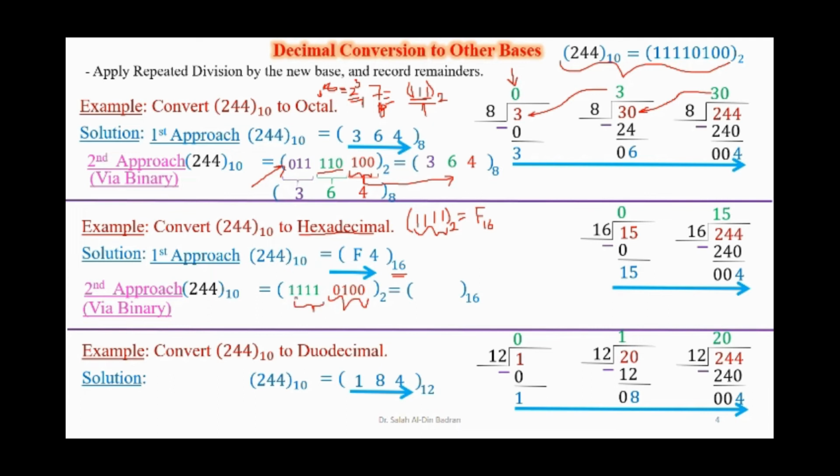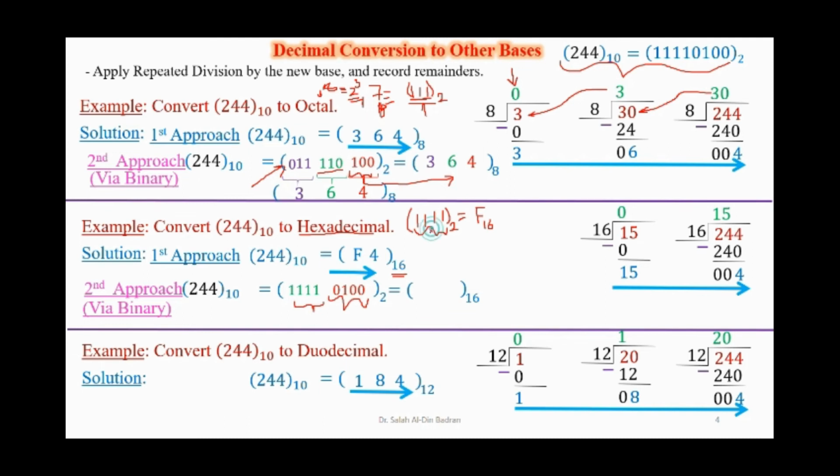If the last group were, for example, only 1 digit, you will add 3 zeros to the left. If you have 2 or 3 digits only, you complete the 4 digits with zeros.